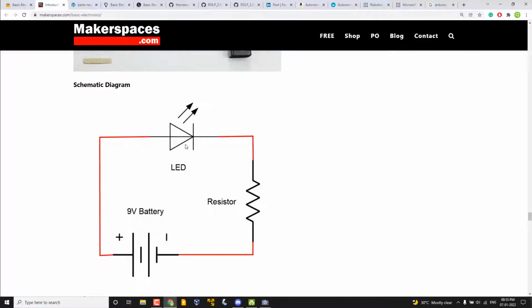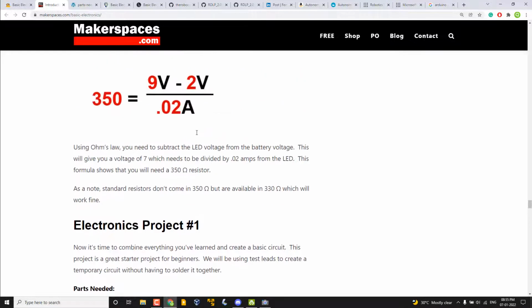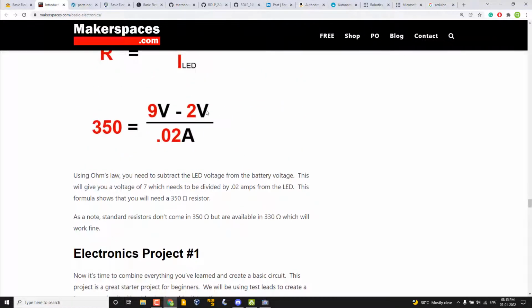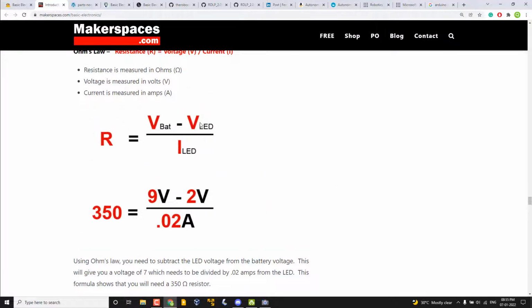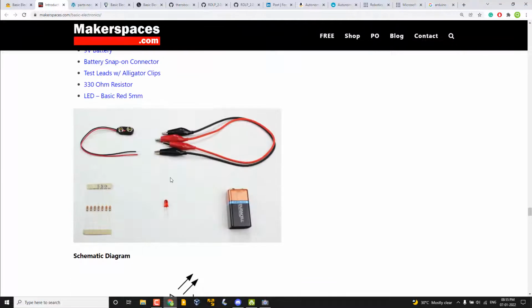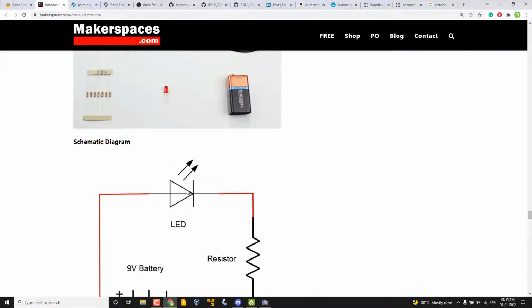There are different LEDs, red, green, blue, and for each LED, in order to power it properly, there is a specific voltage, which is mentioned here as 2 volt. This is also the voltage drop in the LED, but 2 volt is necessary to work properly with this LED.